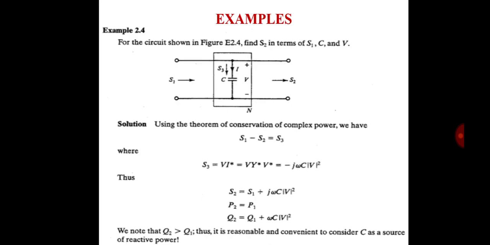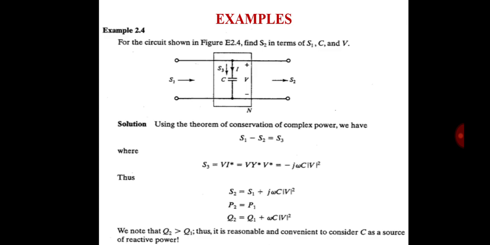S1 minus S2 is equal to S3, because here the directions of S1 and S2 are the same. Now S3 is equal to V into conjugate I. Now we find I in terms of V, so V Y conjugate into V conjugate. So the equation becomes minus j omega C V square.